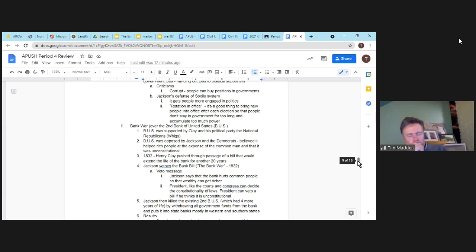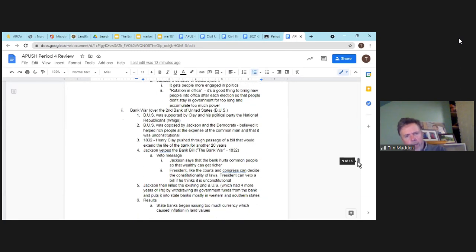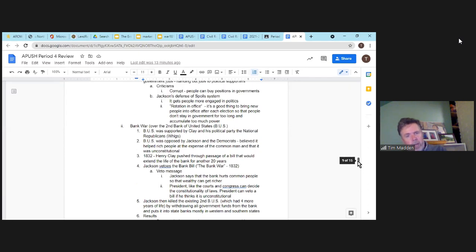And when Jackson wants to make it, Clay wants to make it a political issue in the election of 1832, which he's going to run for president. And so he puts through a bill to recharter the bank 4 years earlier than it needed to be done. Okay, so the bank was going to be in effect for another 4 years.